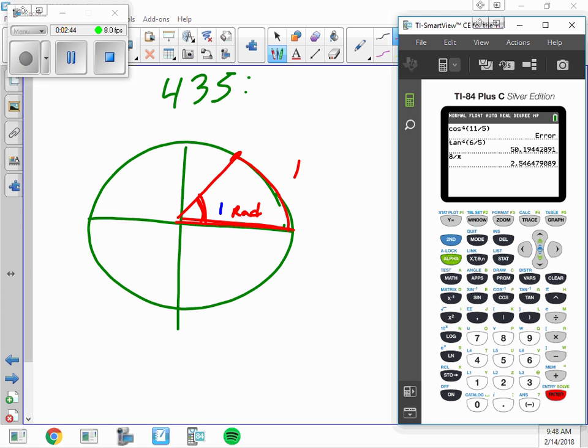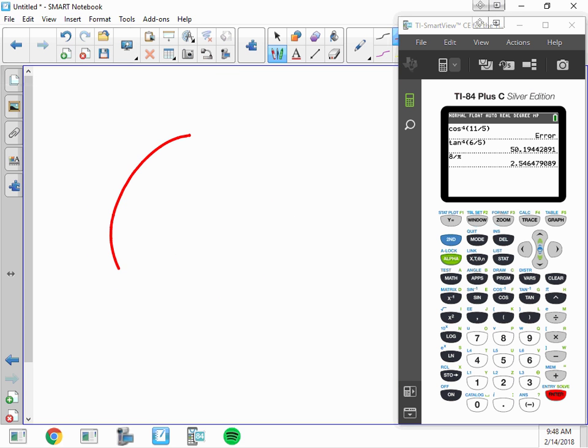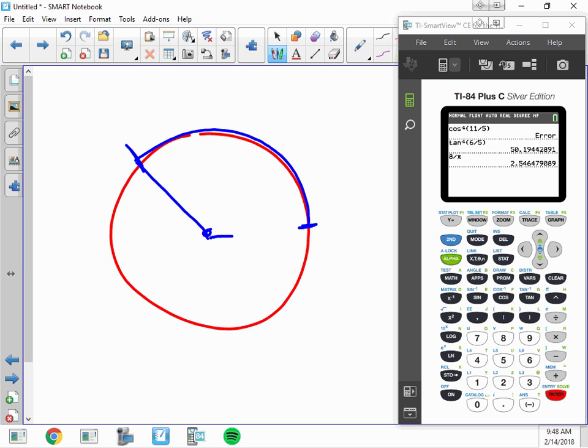So the arc length of a circle is really easy. If I have a circle and I want to know how big is this arc, well, what do I need? I need to know the radius. So here's the radius. Let's say the radius is 3 feet.